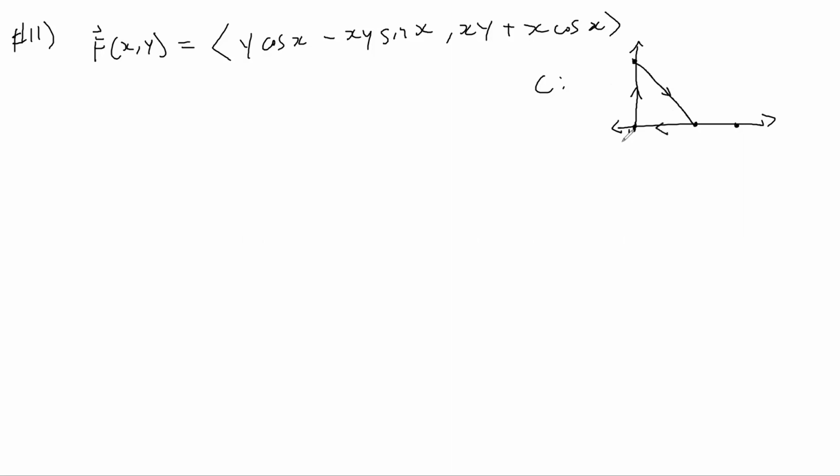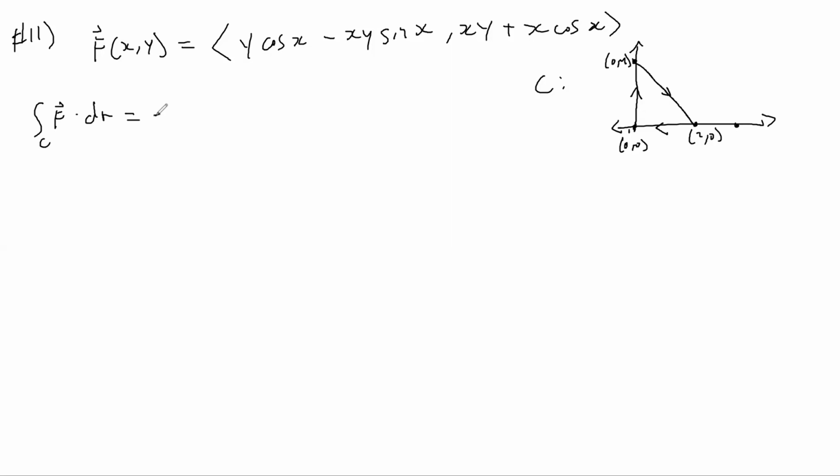Okay. So I'm going to start at 0, 0. We're going to go up to 0, 4, go down to 2, 0, and finally back to 0, 0. All right. And that tells us basically to find the integral of F dot dr. Since we're going in the clockwise direction, we have to make sure that we go in the counterclockwise direction for a positive result.